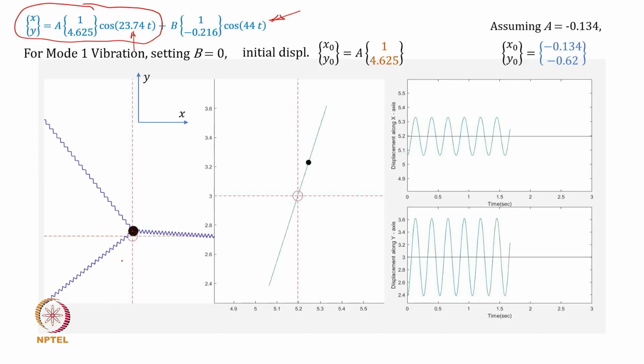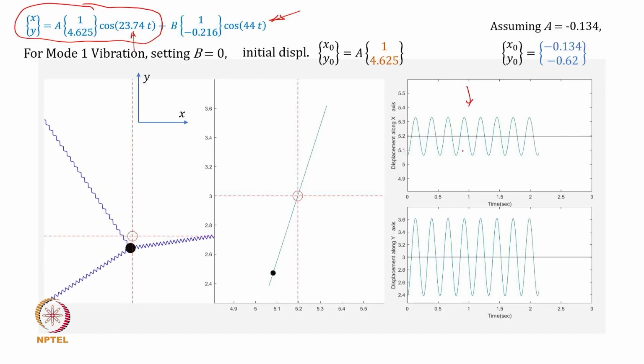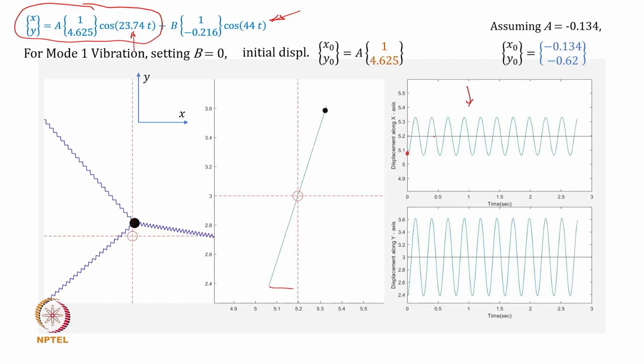And what is interesting is, please look at this display, which is showing the motion along the x axis. It started with a negative x value, that's how it started here, and the amplitude is going to be as you see here. Okay, it's going to have this amplitude, and both the x and y direction motions are properly shown here.